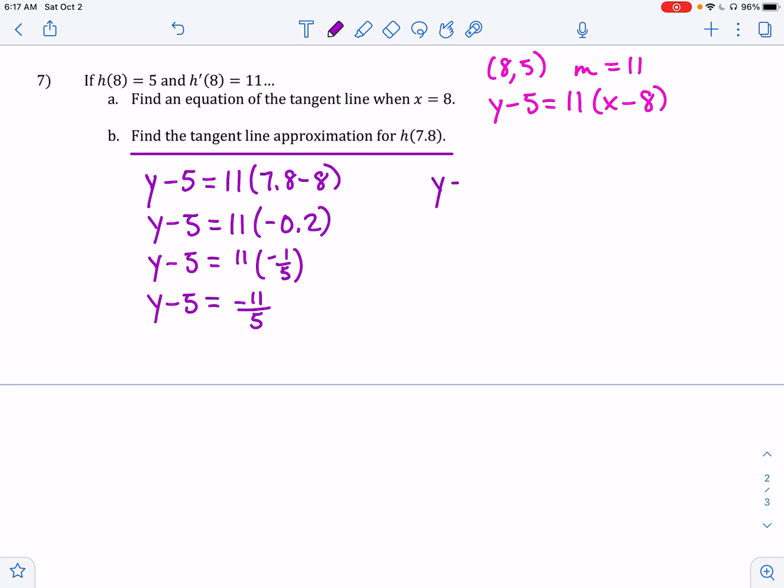So I can move that 5 over, and I could say, well, then it means y equals negative 11/5 plus 5. And I know 5 is really 25/5. So negative 11, 25, 14. So 14/5, or 2 4/5. So that's a tangent line approximation.